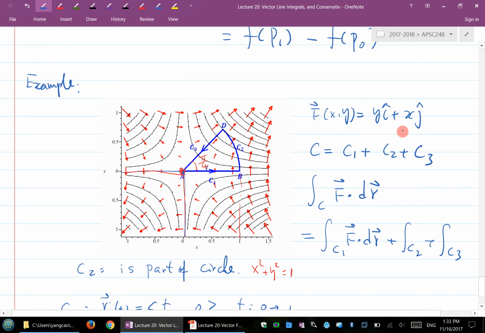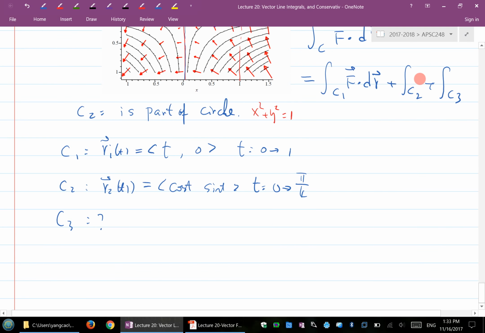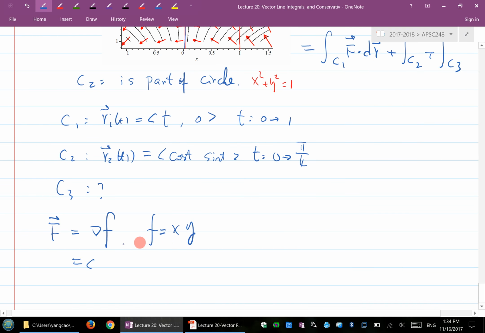So for now, I will tell you this vector field is actually a gradient field. If you let this scalar function f equal xy, and you take the gradient of it, look at what you get: partial f over partial x is y, partial f over partial y is x. That's the field you get here, right?